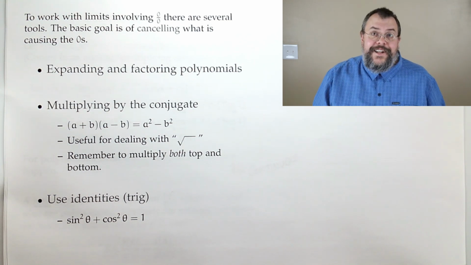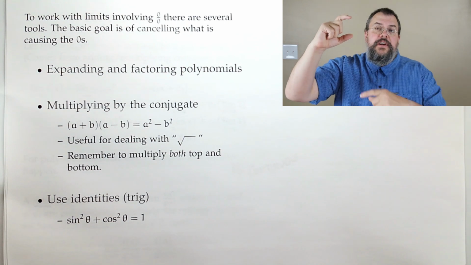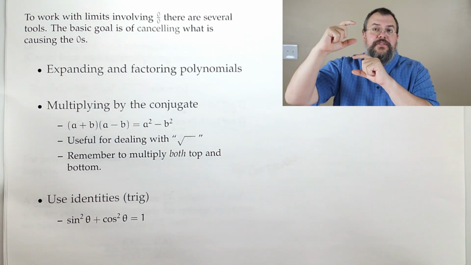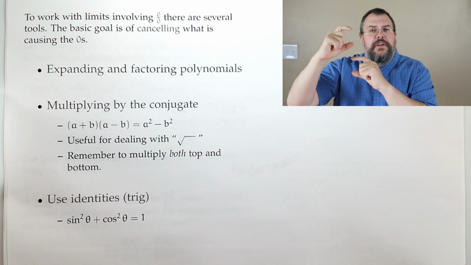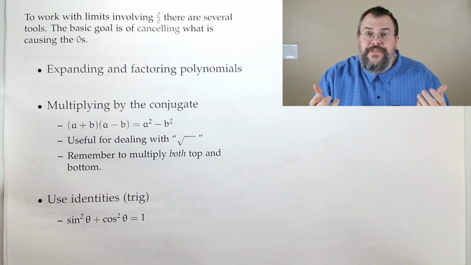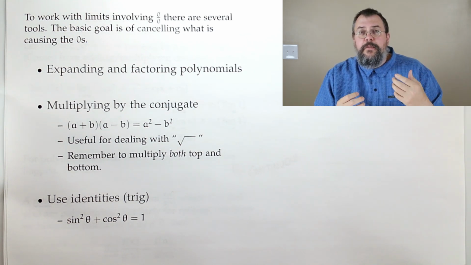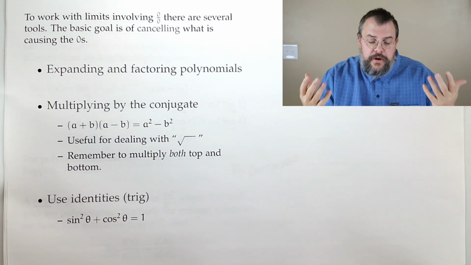The underlying idea is if we have 0 over 0, there's something causing a 0 upstairs, and there's something causing a 0 downstairs. So what we should do is think about what's a way we can cancel those zeros. In other words, find something from the top and something from the bottom which we can cancel out. That's our general approach.